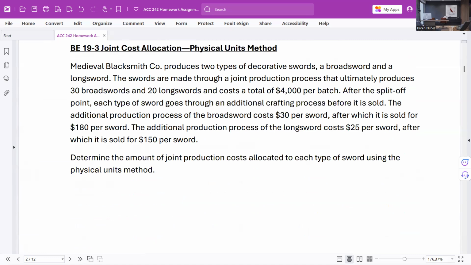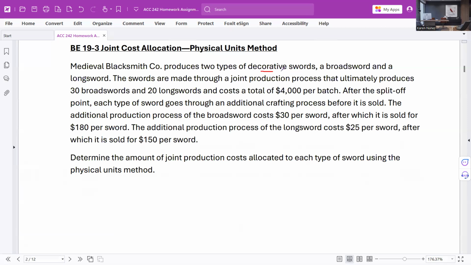So when we allocate these joint costs, we've got, in this case, a process that produces two types of products. It's a blacksmith company, and the process yields swords.